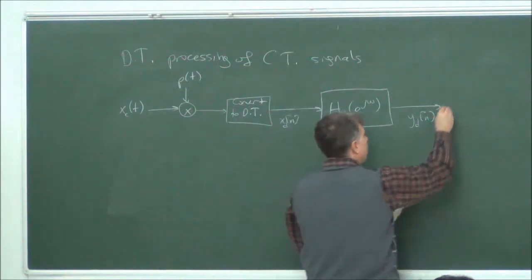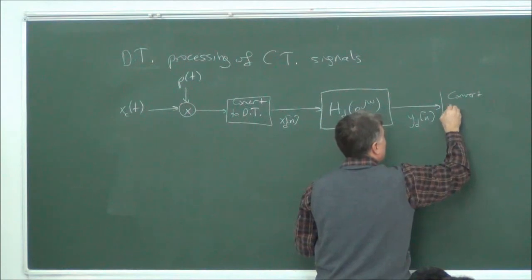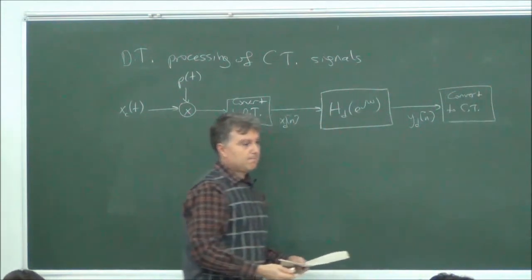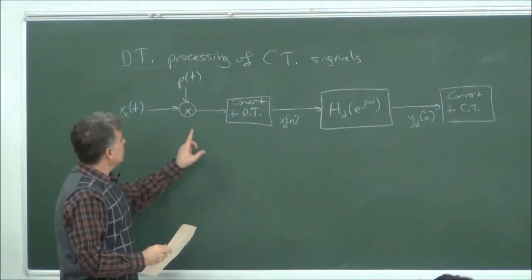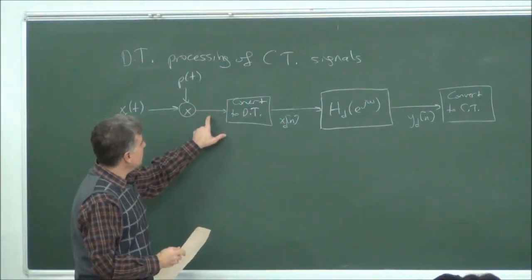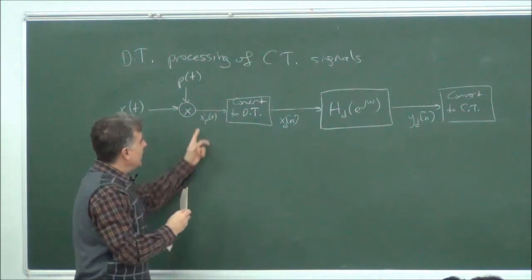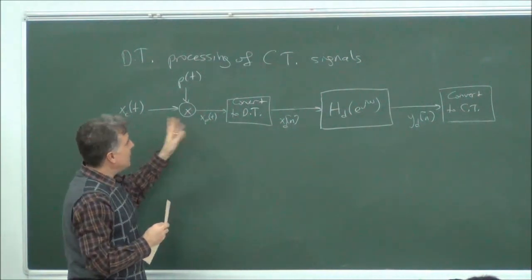You have to convert them to continuous time impulse train. That's like the difference between this one, which is, let's call xp of t, and this one, xd of n. From xd of n, you have to convert back to xp of t.